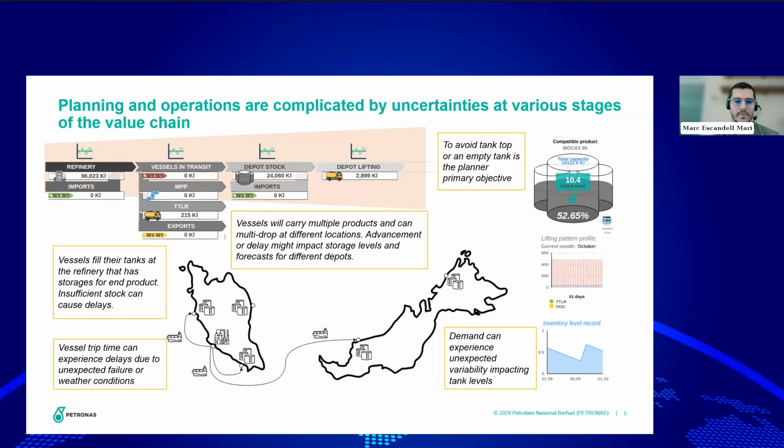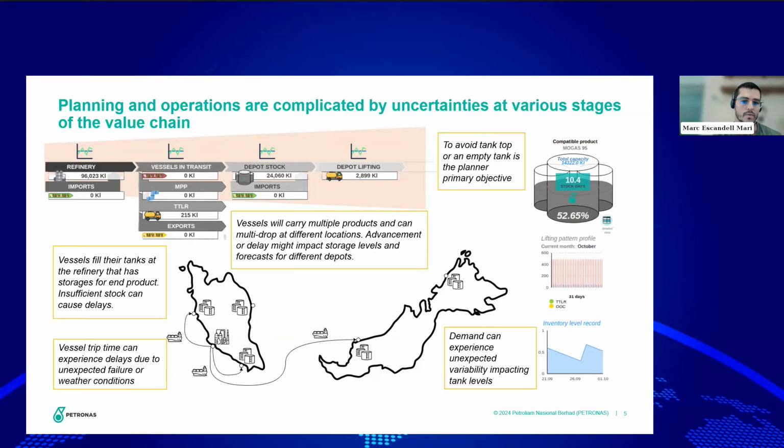But these tanks sometimes are not just owned by Petronas, they are joint ventures with other oil and gas companies, which will also bring additional products to these locations. And finally, it's the lifting of these products by truck again, which would be the end of the chain.